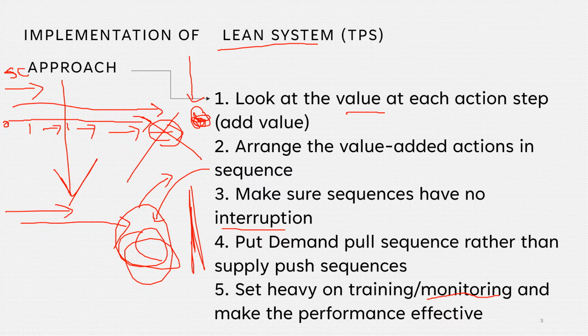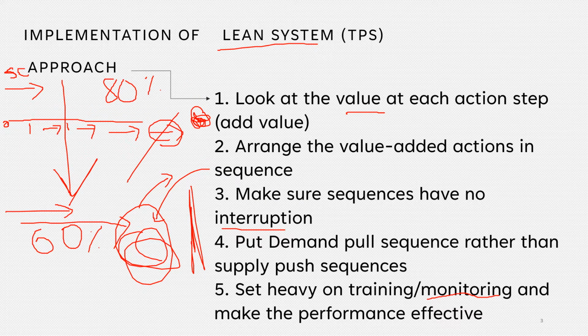We're about 80% good, and it makes the performance effective. Reliability of the regular system is about 60% most of the time. The reliability of the lean system is about 80%. That's pretty good, plus or minus, of course, some percentages. So anyway, that's a little bit about the lean system, TPS.